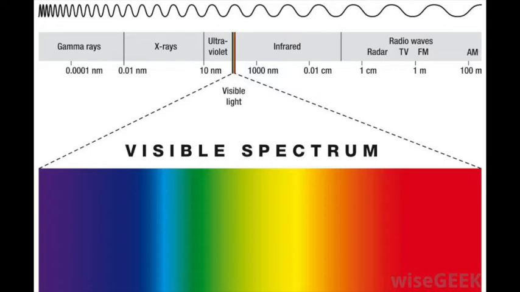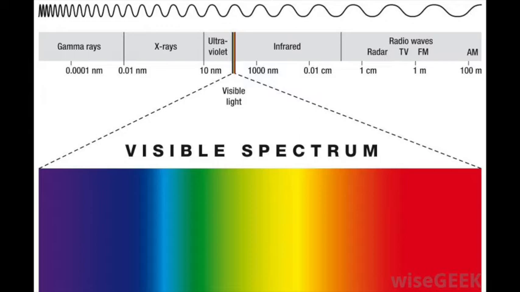Gamma rays have the most amount of energy, but the shortest wavelengths. So the energy of electromagnetic radiation is inversely proportional to the wavelength. Therefore, radio waves, which have the longest wavelengths, have the least amount of energy.